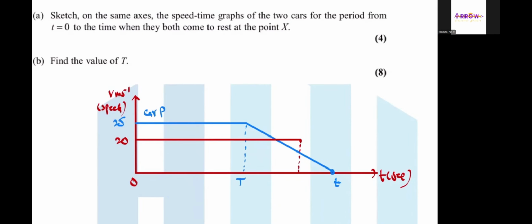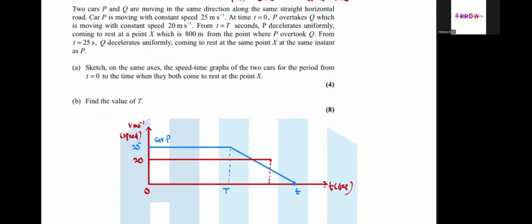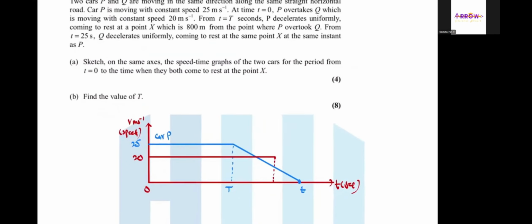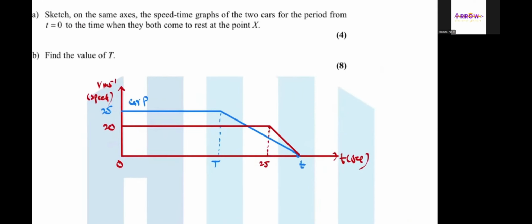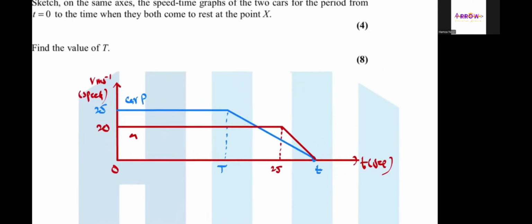And it comes to rest at the same point x, at the same instant as car P. So from t equals 25 seconds to t equals small t, we will have a downward sloping line over here. And this is basically the journey of car Q. Here I'm going to write car Q.